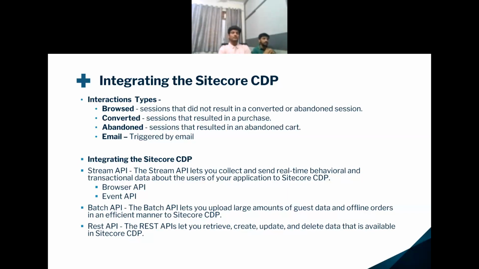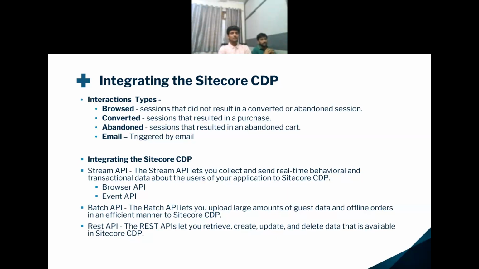Second is our Event API, which is generally used to enable event processing. You can use these Event APIs to send your events from a mobile application to your website. When you are talking about Stream API, we can do any kind of create, update, and delete.